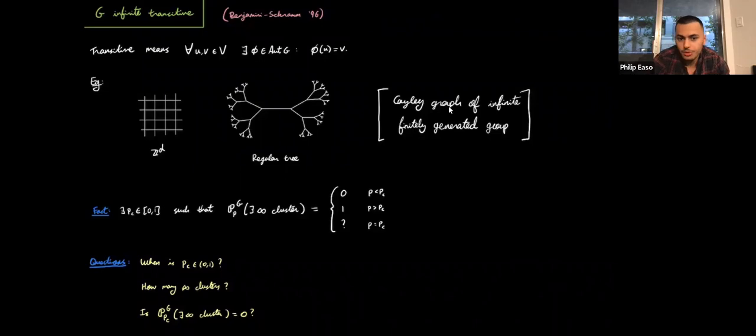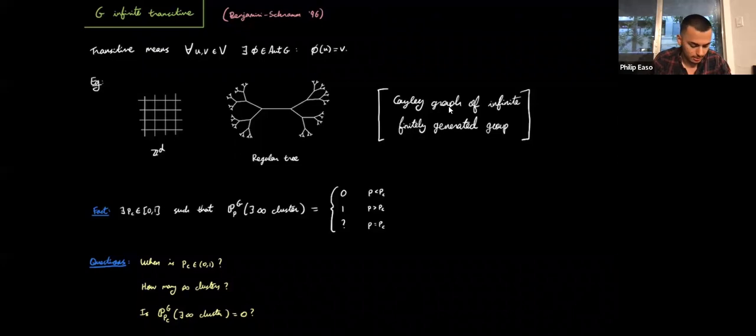And you don't get to know what it is at p_c. You can know that it's either 0 or 1, but not which number. This comes for free just by the Kolmogorov 0-1 law and monotonicity.